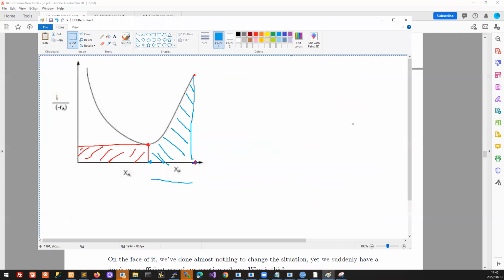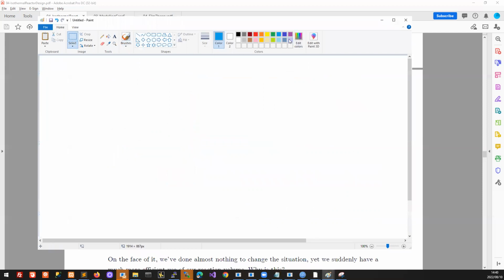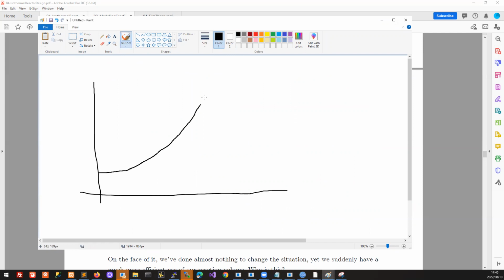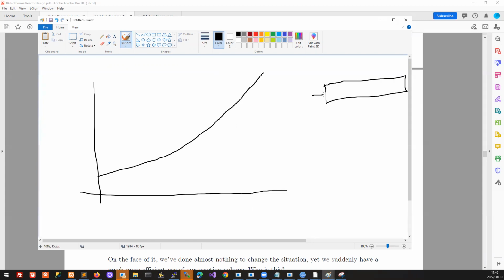So now we can see we get this kind of influence. Let's think about a case where we have a standard Levenspiel plot, which looks a bit like this. And we said before that a plug flow reactor is actually hard to achieve in reality.